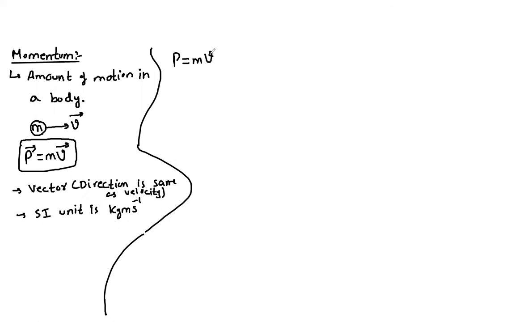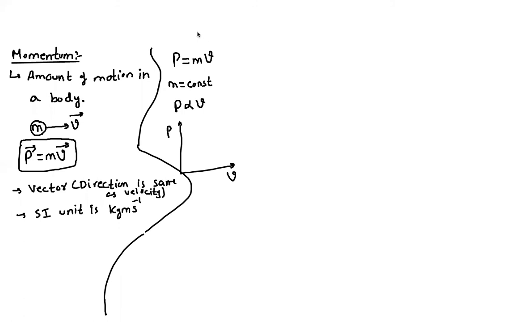Now, there are a few conceptual questions based on graphs using the concept of momentum. So if I take m equal to constant, then momentum is directly proportional to velocity. If the mass of the body is constant, then momentum is directly proportional to velocity. Can you guess the nature of the graph now? Straight line.